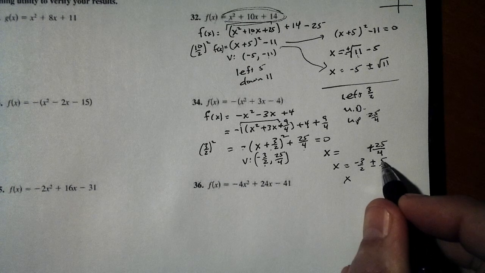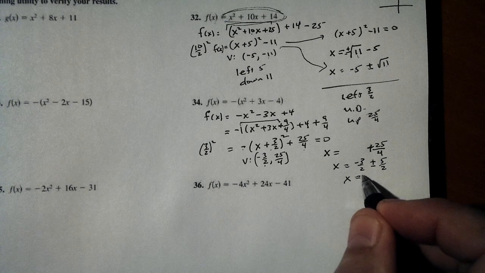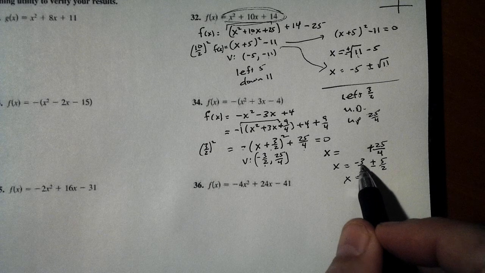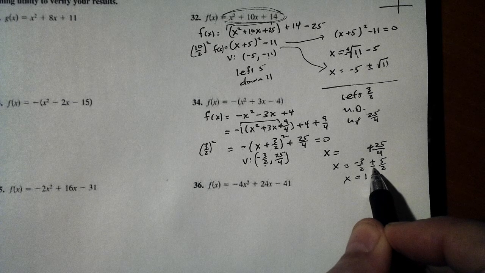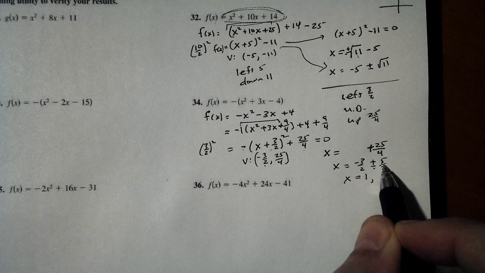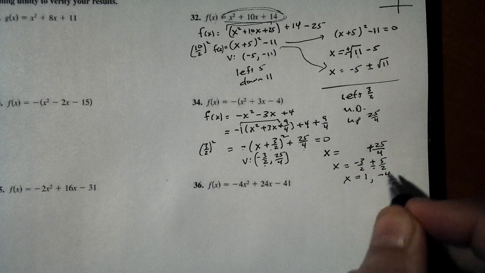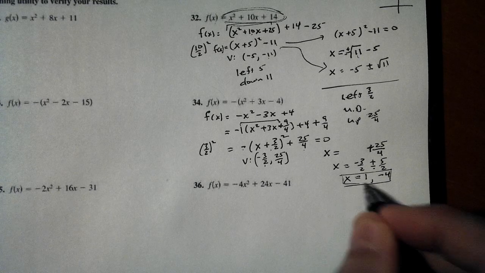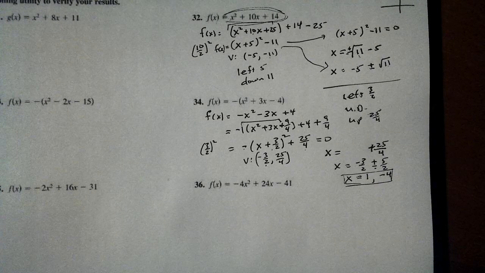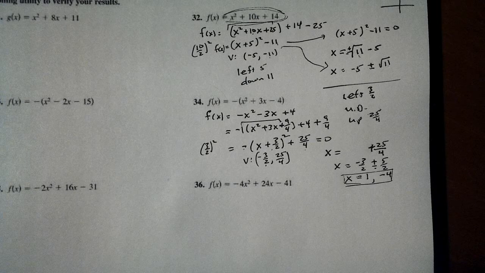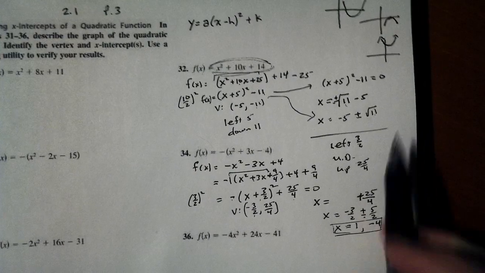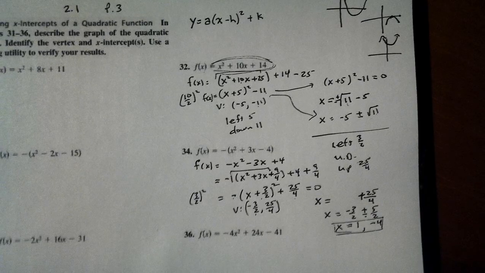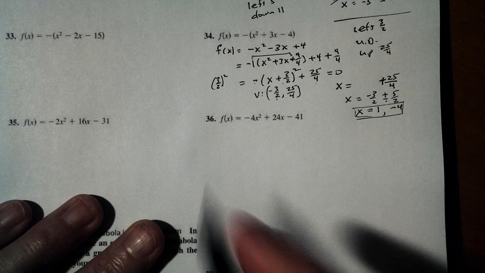Negative 3/2 plus 5/2 is 2/2. X equals 1. Negative 3/2 minus 5/2 is negative 8/2, negative 4. There's our x-intercepts. So they actually ended up being nice and clean, even though it started out looking like they might be messy like this. Okay, 36.